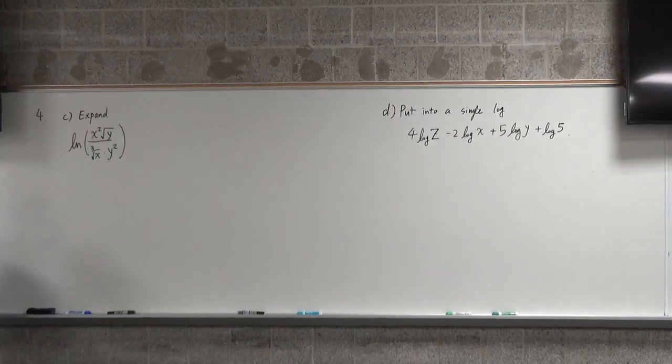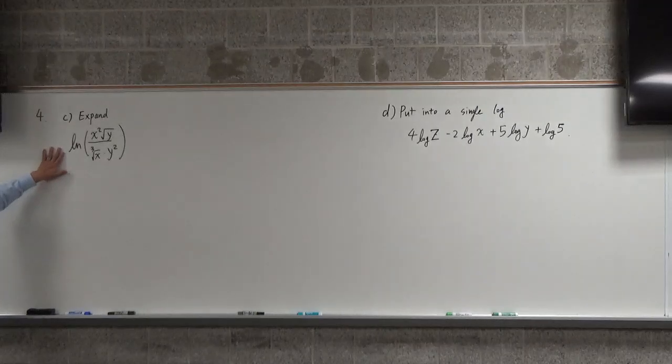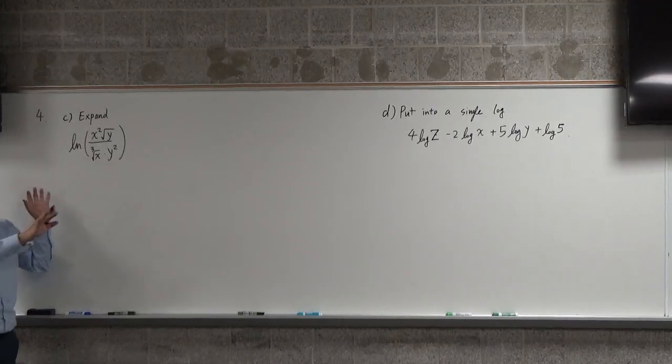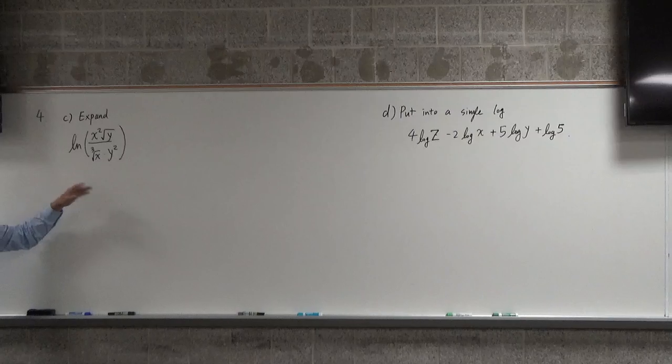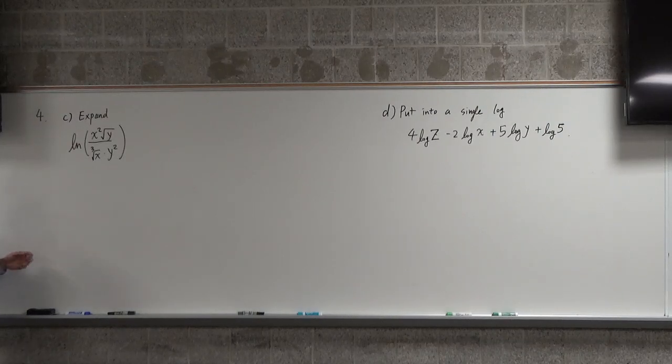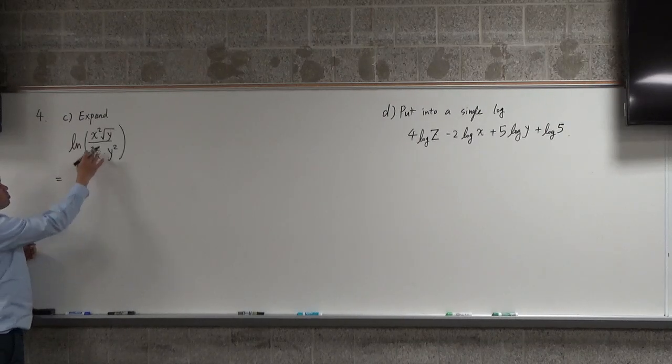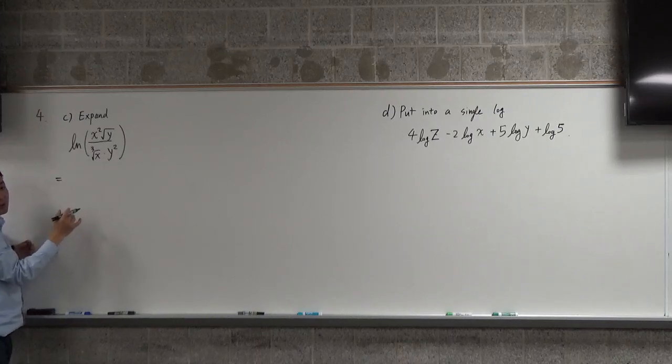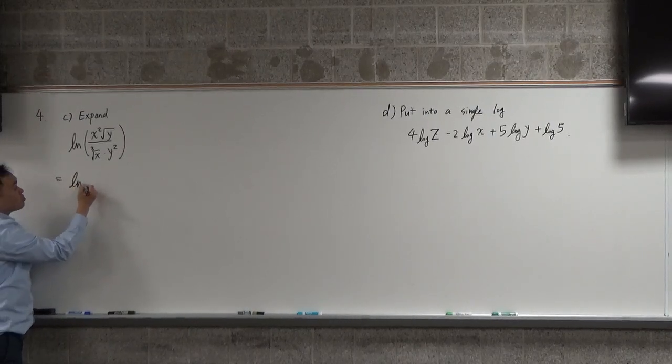Okay, so this first question is about expanding into as many logs as possible, and if you have any fractions or any exponents, you have to move them to the front. So let's try that. First, you have a division. What do you do? Subtraction between two logs.